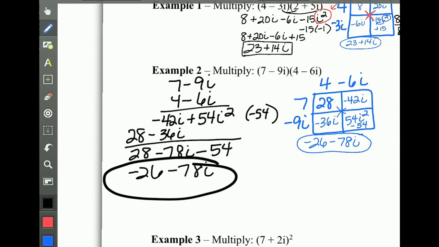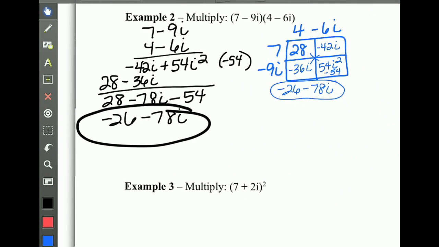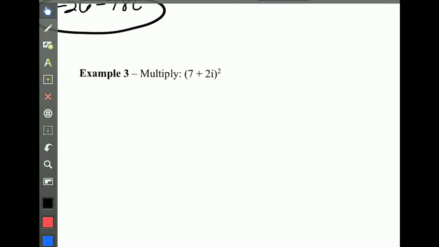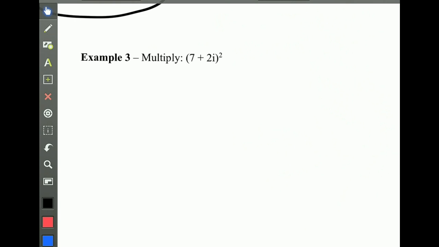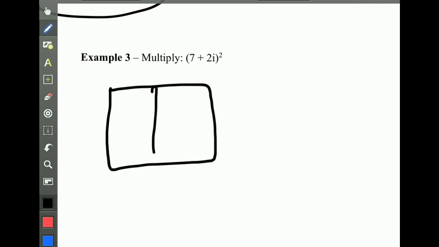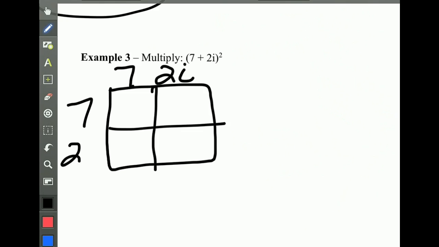Okay, go ahead and do example number 3, and then come back and check your work, please. Okay, so I'll do box first this time. You got 7 and 2i, and again 7 and 2i, because it's 7 plus 2i squared.